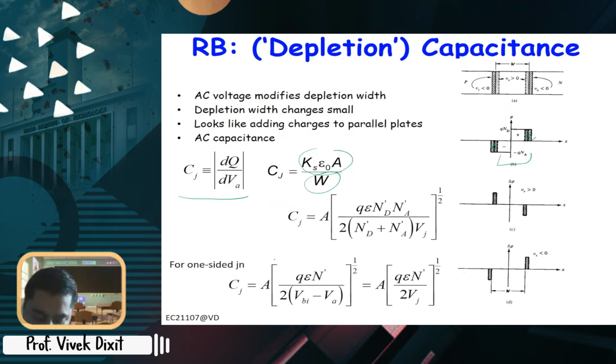And of course, substitute the expression for the depletion width, which is Na plus Nd by Na Nd times VBI plus V reverse bias.